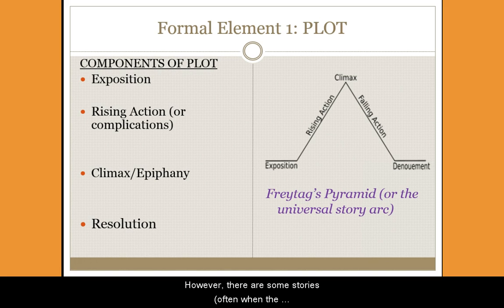However, there are some stories, often when the conflict is man versus self, that have no discernible climax. Instead, a character may have an epiphany, which is a sudden realization or enlightenment of a character. The movies based on stories that end on an epiphany instead of a climax rarely do well in the box office.